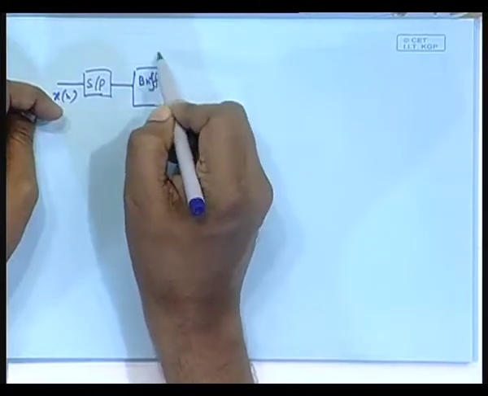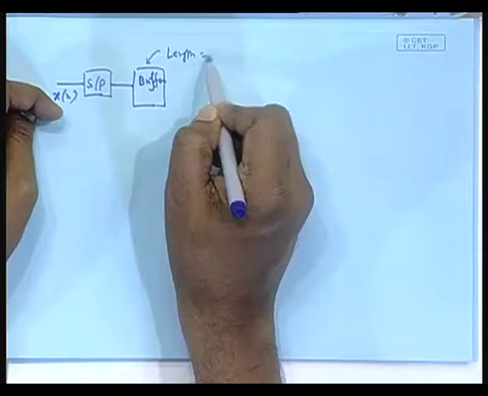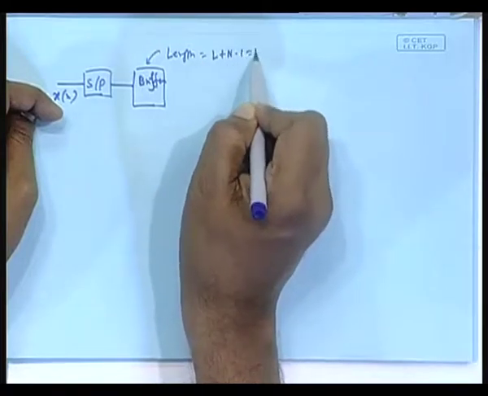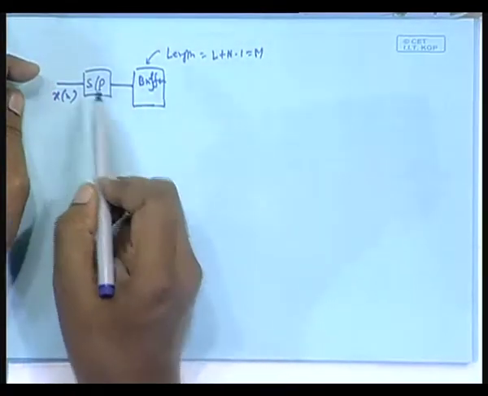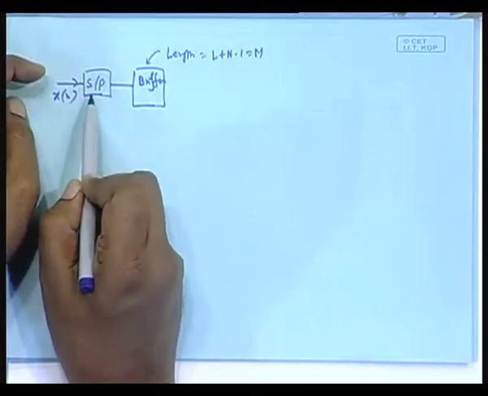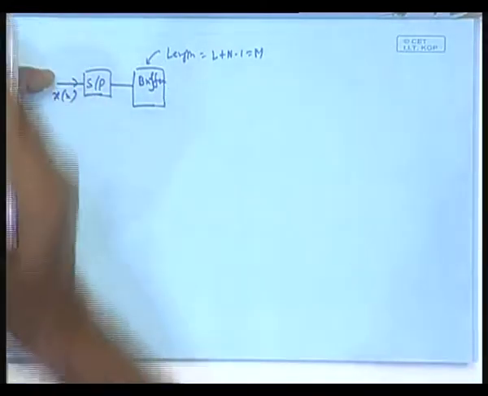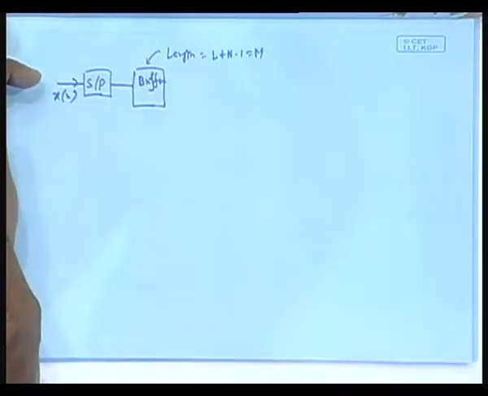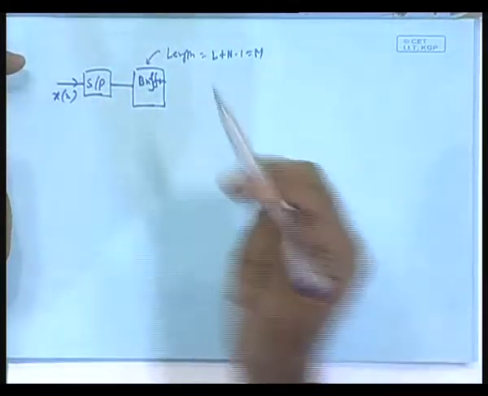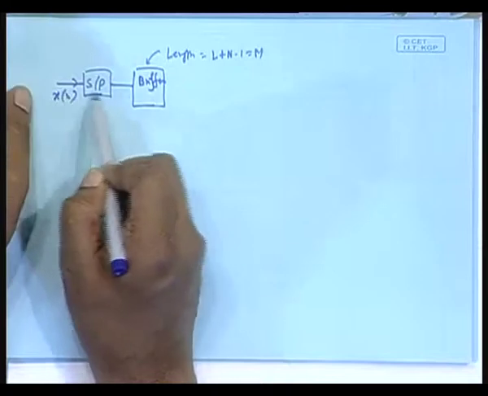Buffer length here is equal to L plus n minus 1 equal to m. The meaning of this buffer is, you are taking this data, making it parallel. Actually, one should not use this serial to parallel, because serial to parallel you use in the context of binary bits. This serial to parallel, I do not know why he adds it, it should not be there according to me, because you just simply store the data in a buffer.